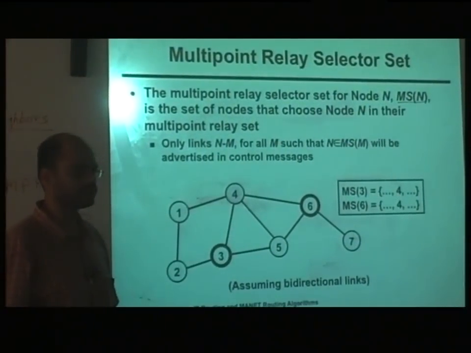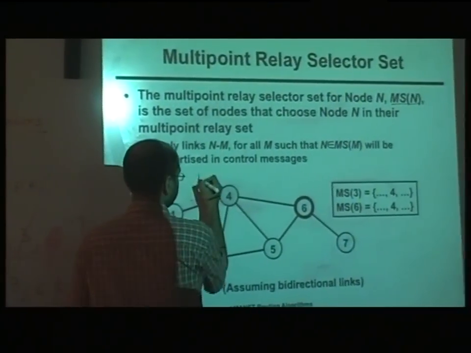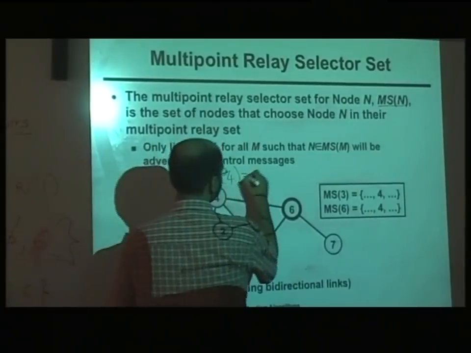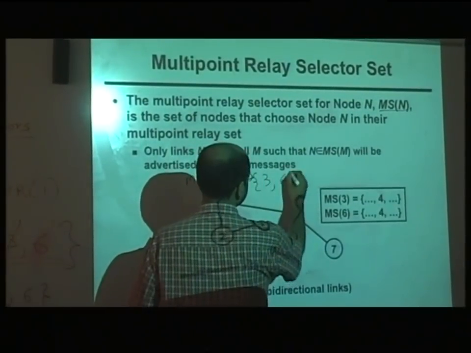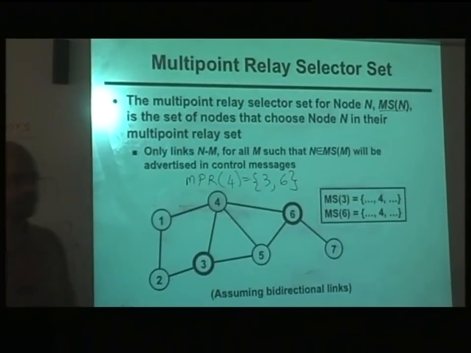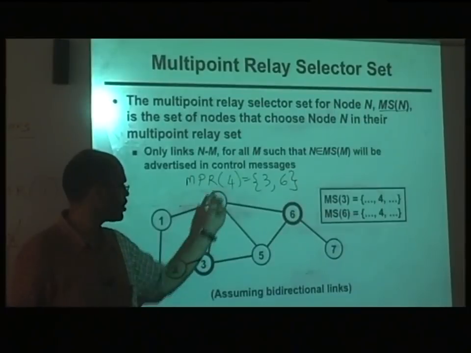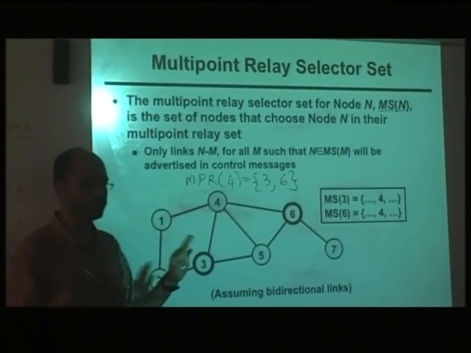So what it is saying is, if you look at this case again, MPR of 4 is 3 and 6. Right? So just from the last slide, MPR of 4 is 3 and 6. Okay? So every node has its own MPR. Right? So MPR of 4, MPR of 1, MPR of 2, let's assume.